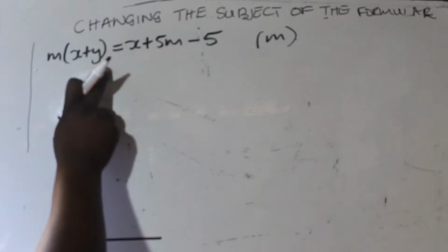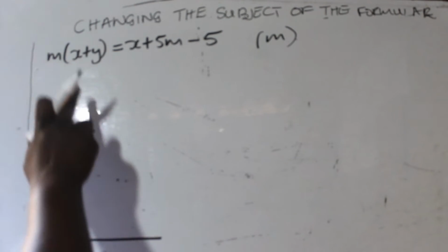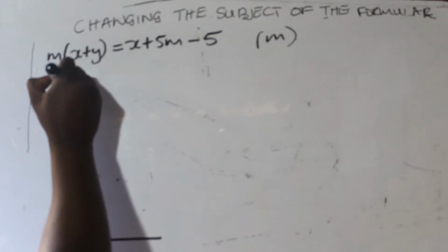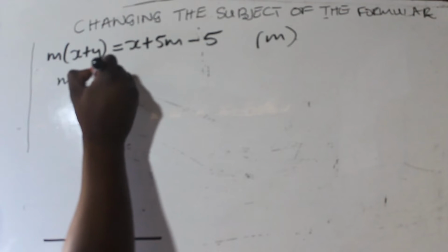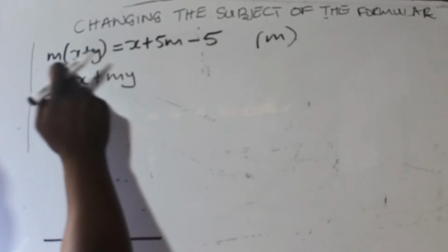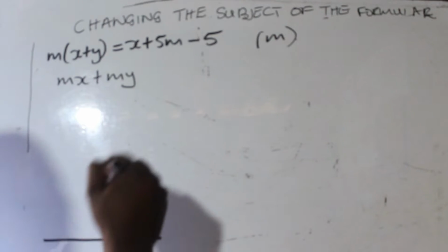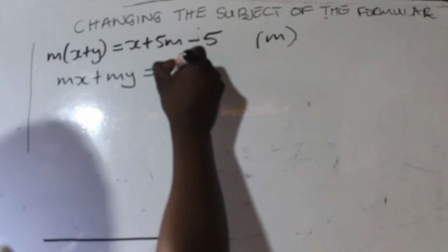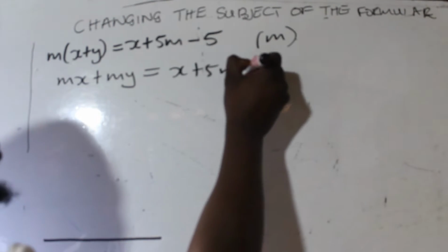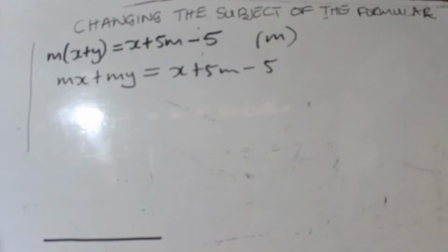There is a bracket here, so the first thing is to clear this bracket. So m times x is mx plus my. This m will multiply everything in the bracket, is equals to x plus 5m minus 5.